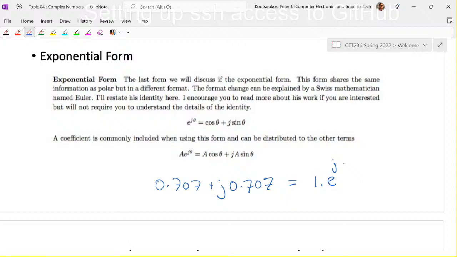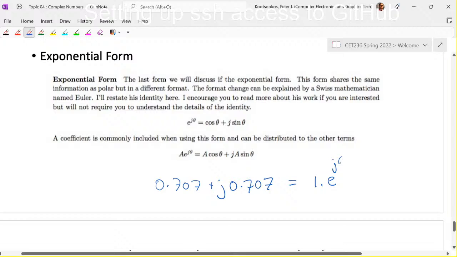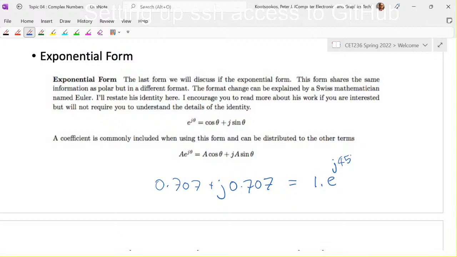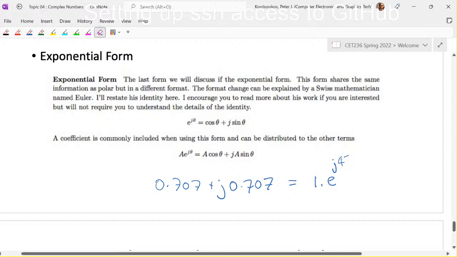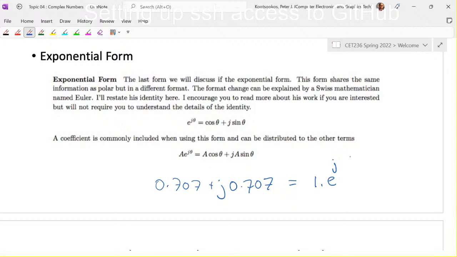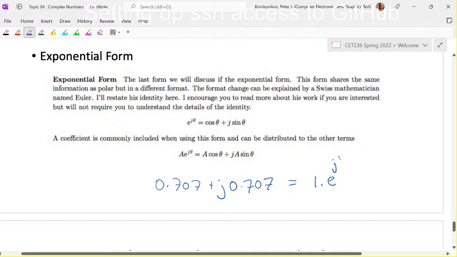Unfortunately, if you do this, and it's wrong, so don't write this down, that's not going to do the same thing. What you have to do, if you're writing angles in exponential form, is write it in radians. Okay? So, pi over 4.